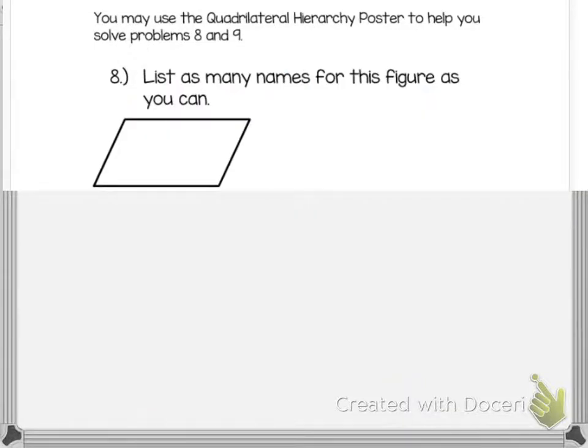So using the Quadrilateral Hierarchy poster, it said list as many names for this figure. So the first one is a quadrilateral. Does this have 4 sides? Yes. So you should have quadrilateral written.